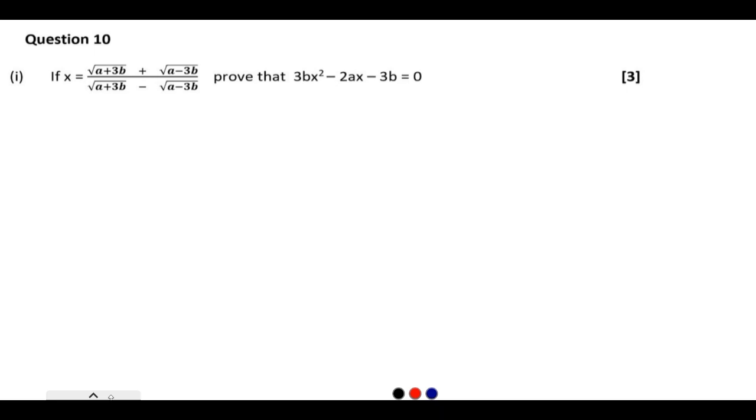Question number 10, first part. If x is equal to this, then prove this relation.